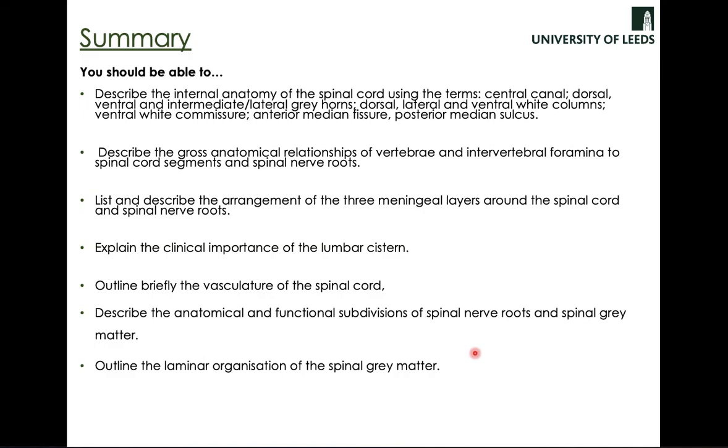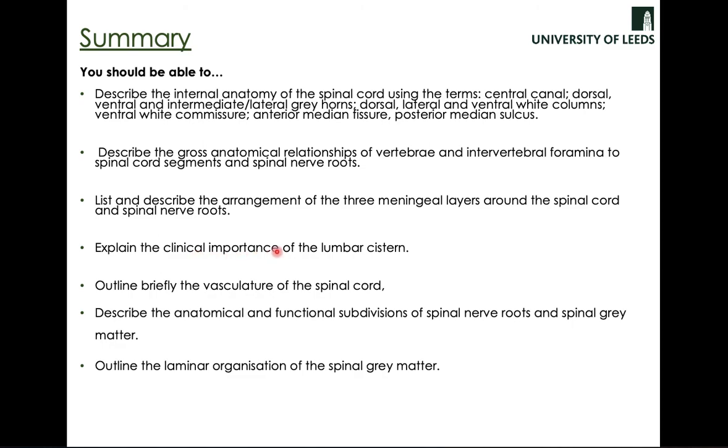So, in summary, you should be able to describe the internal anatomy of the cord using these terms that we described today. You should be able to tell me the relationships between the spinal cord segments and nerve roots with the vertebrae and intervertebral foramina. You should be able to list and describe the arrangement of the three meningeal layers around the cord and around the nerve roots.